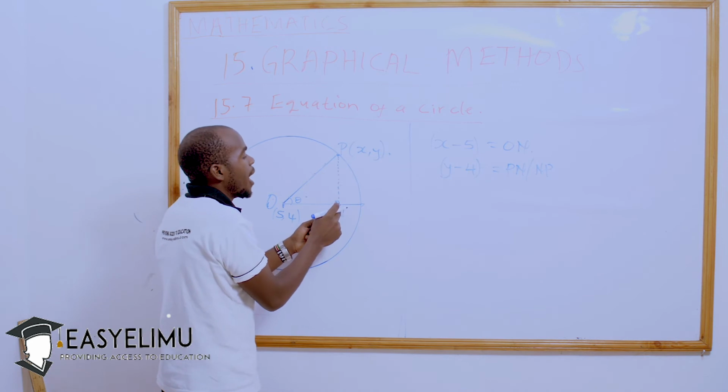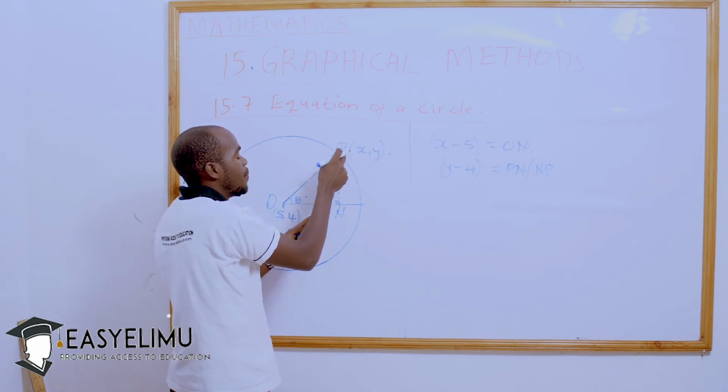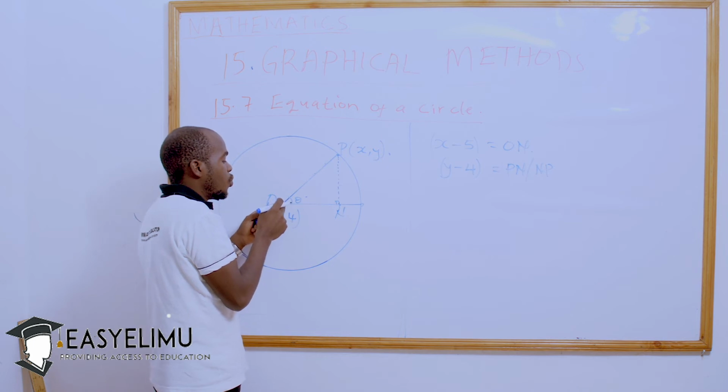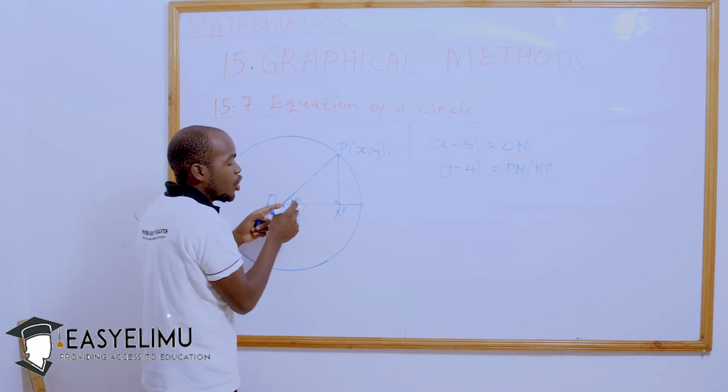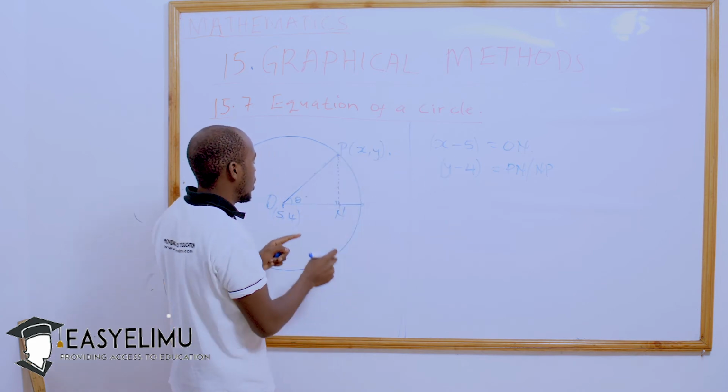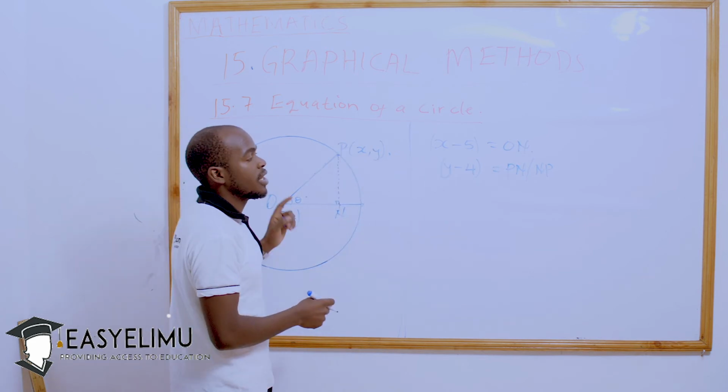So if you take y, the coordinate for P, minus 4, you will get the distance from N to P. That is in the y direction, and if it is in the x direction, that is how we do it.